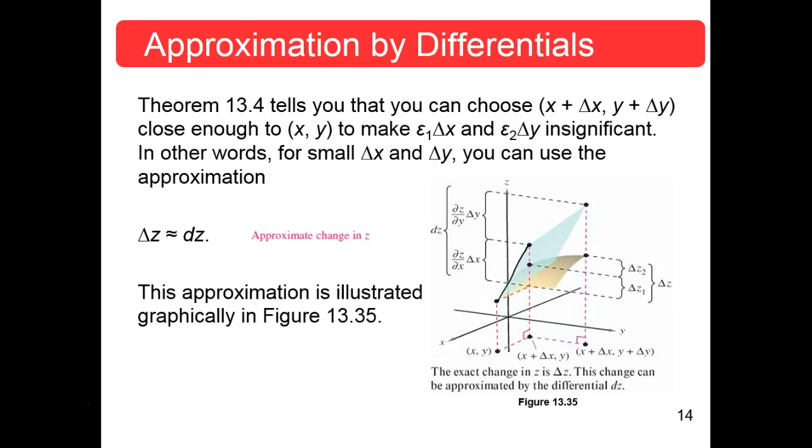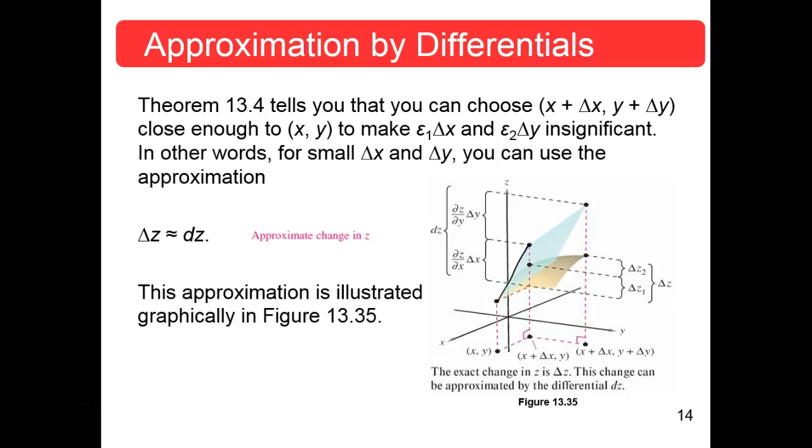So, where I was before you came in was on this first slide where we left off last time, on page 906. We're doing approximations by differentials. Now, the previous theorem that we did right at the end of the class last time tells you that if you choose your x plus delta x and y plus delta y close enough to x, y, in other words, that your delta x and your delta y are small enough, that would then potentially make your epsilon one delta x and your epsilon two delta y very small.